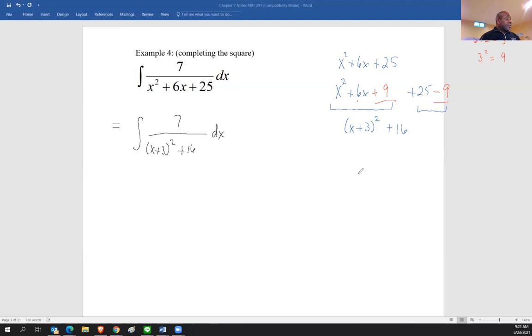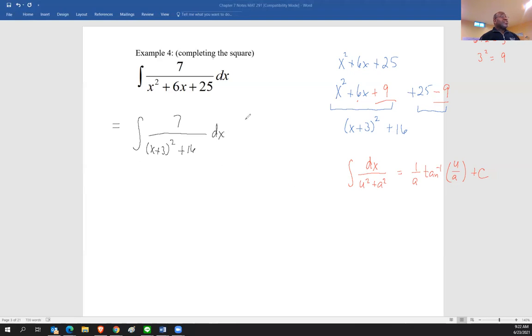All right, the general inverse tangent formula, if we have dx over u squared plus a squared, that's equal to 1 over a times the inverse tangent of u over a plus c. So that's the general formula here.